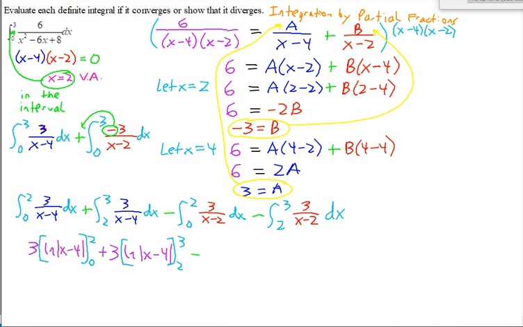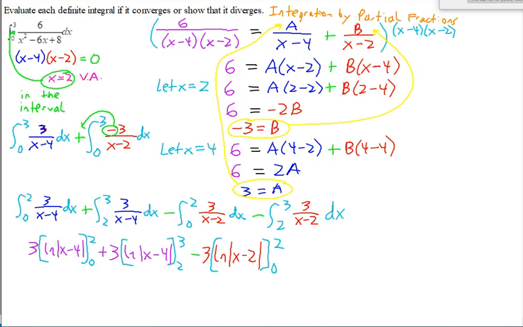Minus 3 natural log, again the u substitution, u is just x minus 2, the derivative is just 1, so we can integrate it just like this is a single variable using the shortcut for u substitution, from 0 to 2.